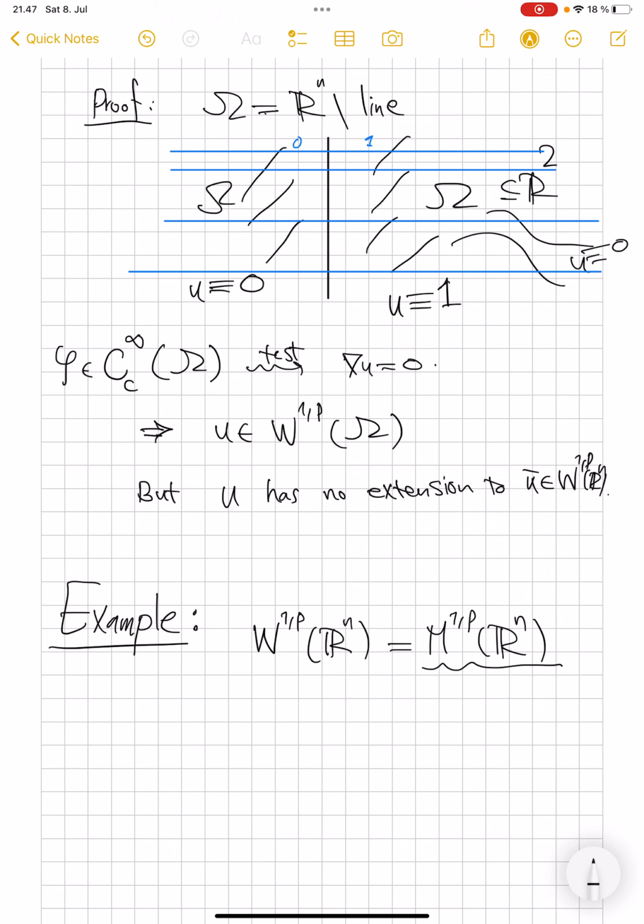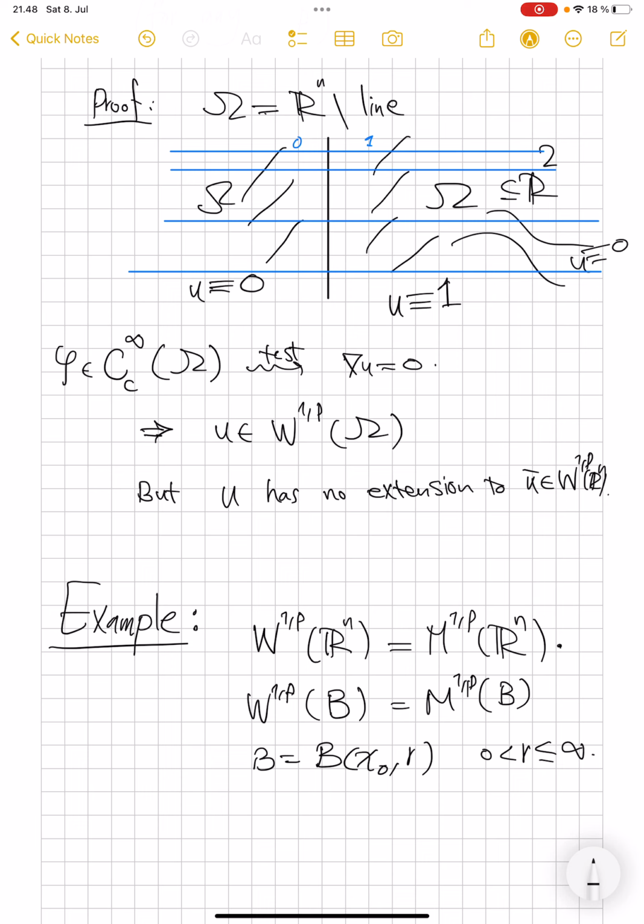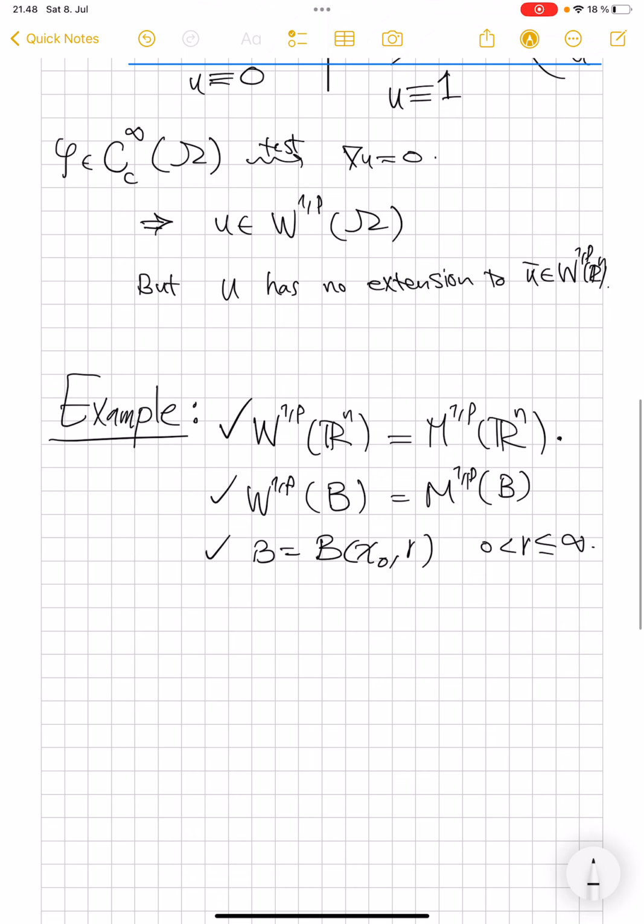First, you basically prove that if you define a class by M1P, you recover a coordinate-free characterization of Sobolev functions on Rn, and that motivates the definition in general settings. So this is true, and also W1P of any ball in the Euclidean space is equal to M1P of any ball in the Euclidean space. So R between 0 and, given the first case, also infinity. So these are the results in the affirmative when these spaces are equal.